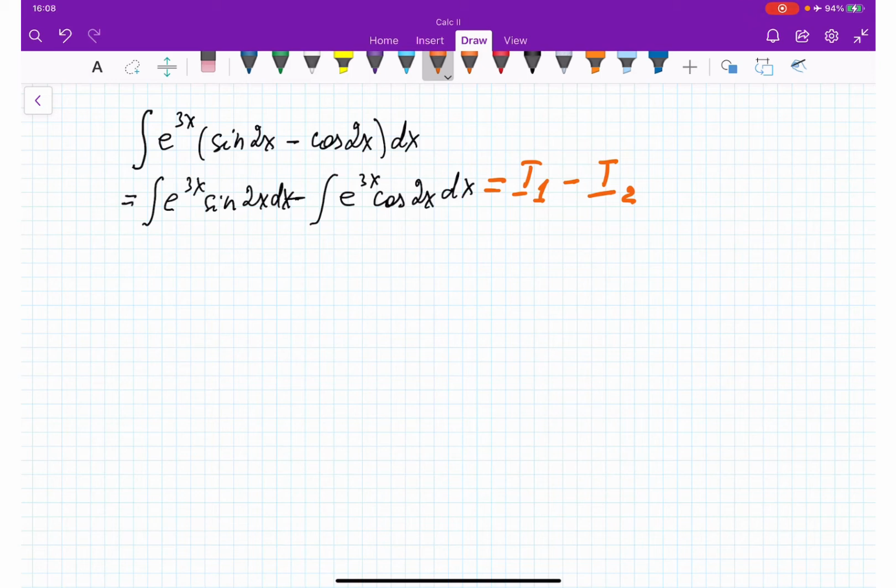All right, so first thing, I'm going to work on I1. I can change this color so you will see.